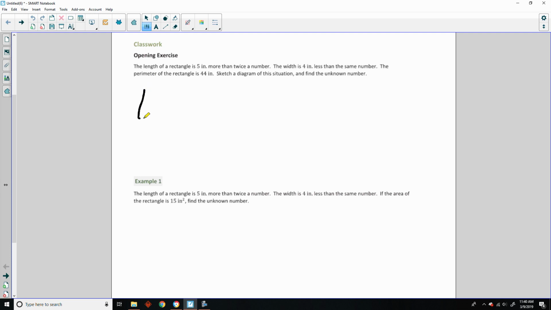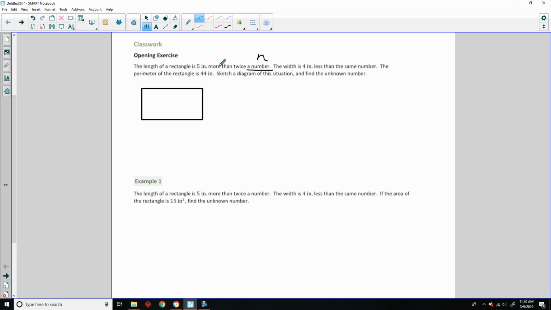So I would always, when I'm doing a geometry type problem, draw a diagram. A rectangle, the length is 5 inches more than twice a number. Well, a number, we can call that any variable we want, and I will use the letter n.